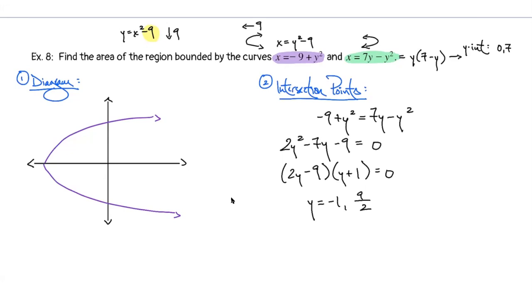And in fact, I know it goes through 0 and 7, which I think is up here somewhere. And so we'll end up with something kind of like that.